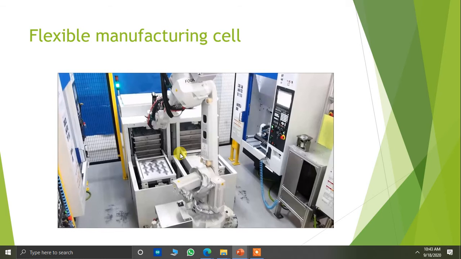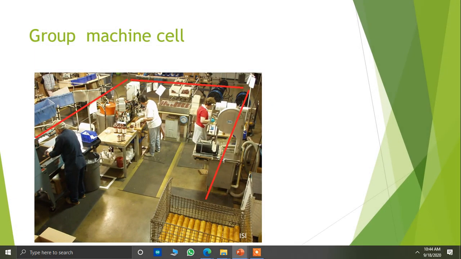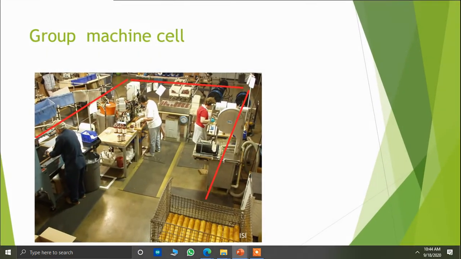The biggest advantage of a flexible manufacturing cell is that you have multiple lathe machines, but your material handling unit is fully automated. That means you need not worry about the material handling. But in the semi-finished goods transfer, or a group cell, or a machine cell, there are different material handling systems. Here it is manual, here it is semi-automatic.